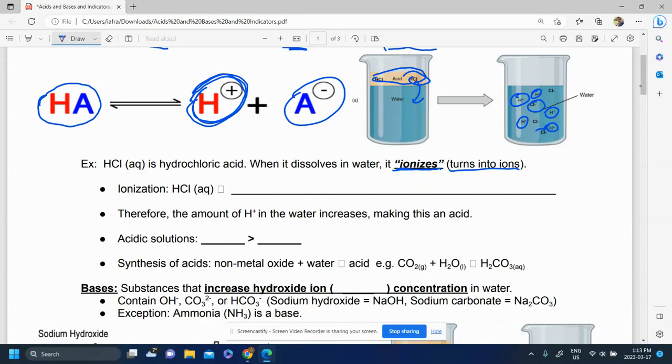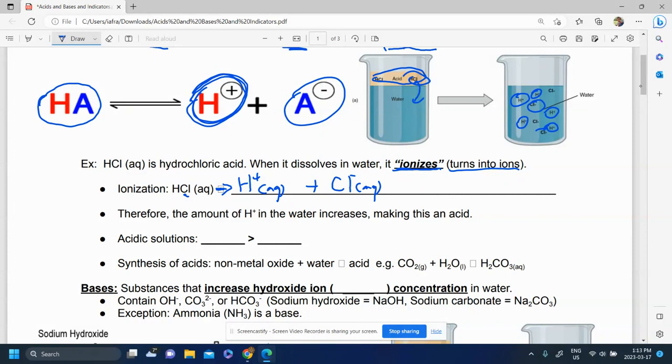So if we have HCl(aq), that means we put it into water, and we want to show that ionization equation, we simply write HCl(aq), put an arrow, and then separate it into the H+, which is really H3O+, plus the other ion, Cl-, and the charge comes from the periodic table for that.